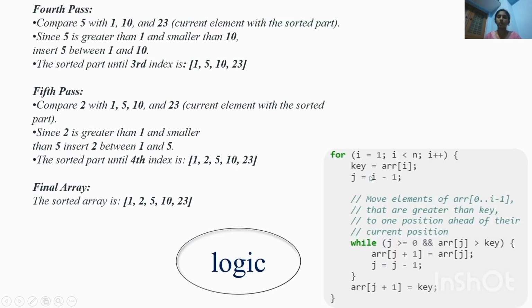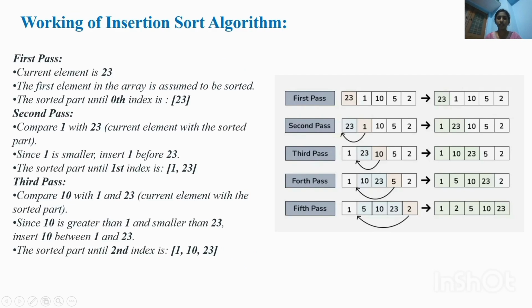So it begins with i equals 1, till i is less than n, and i is incremented. key equals array of i. What does this mean? Array of i is, in this example, 1, which will be stored in the key value.